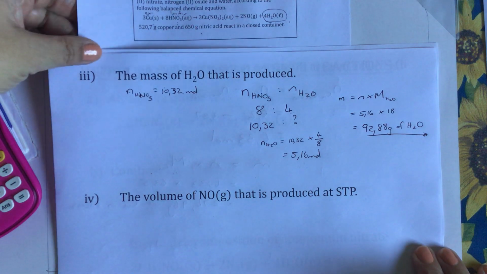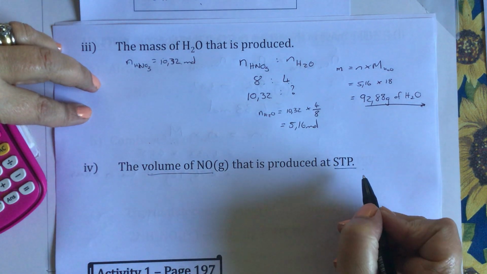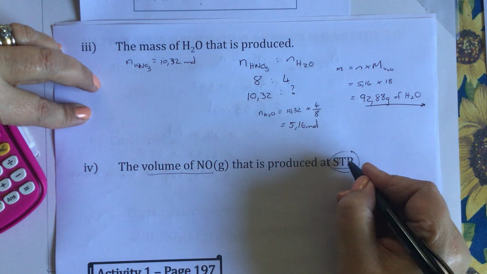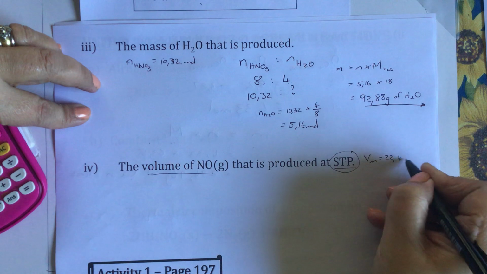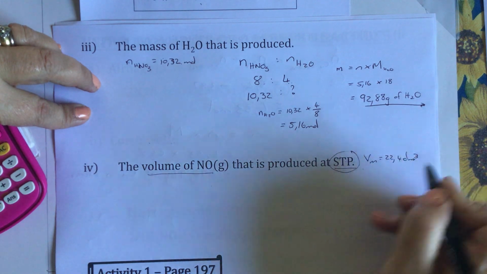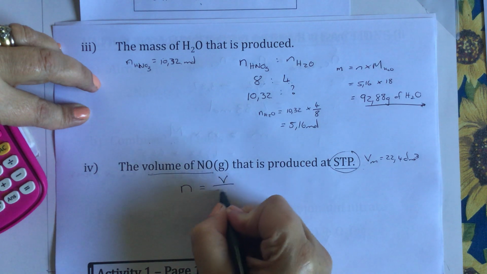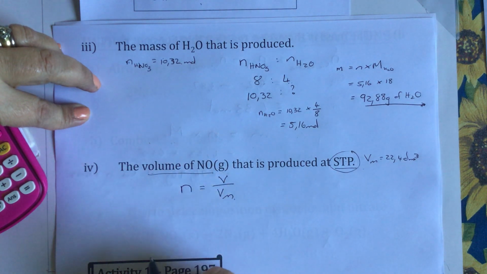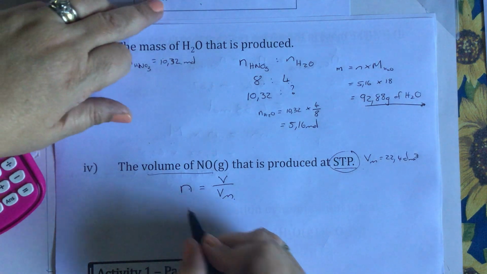And finally, the volume of NO2 at STP. STP, standard temperature and pressure, so my molar volume is 22,4 cubic decimeters. Number of moles is volume over molar volume. That's where we're heading towards. I want to know what is the number of moles.